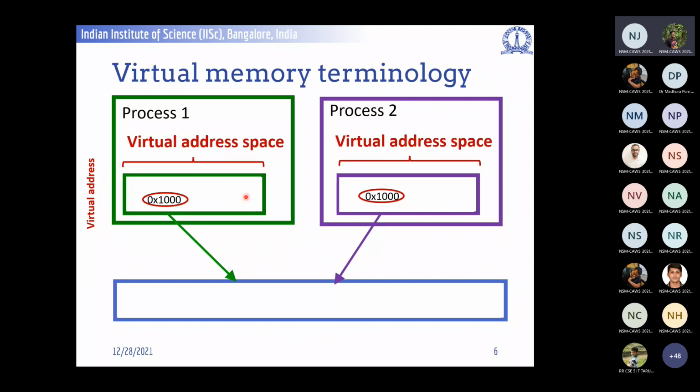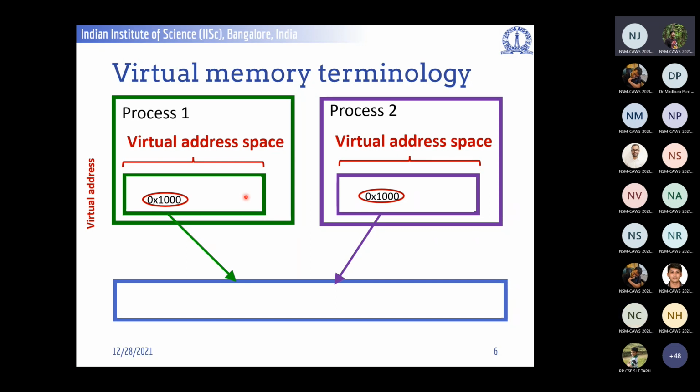As I mentioned, each process has its own view of memory, which is virtual memory, virtual addresses. The set of all addresses that it can access is called the virtual address space.